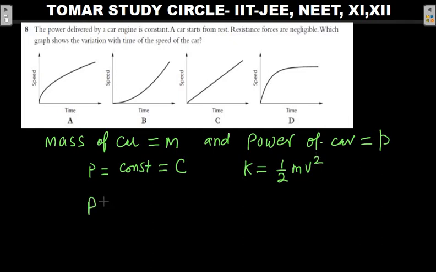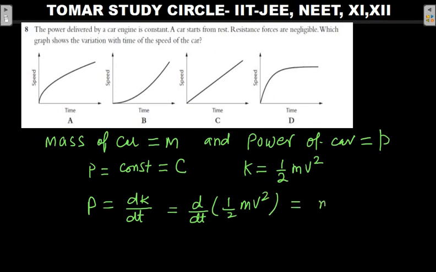The power can be written as P equal to dK upon dt. That can be written as d by dt of half m v square, or m v dv by dt, which is a constant C. Or we can write v dv will be equal to C upon m dt.